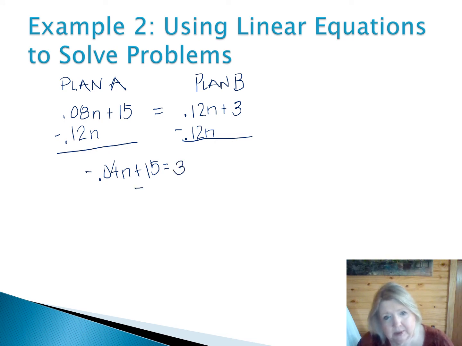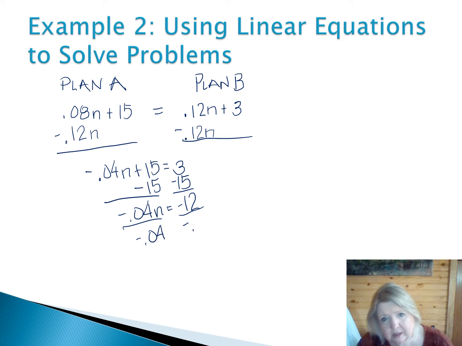Since they said plus 15, I say minus 15. That leaves me negative 0.04n equals negative 12. And when I divide both sides by negative 0.04, I get n equals 300.